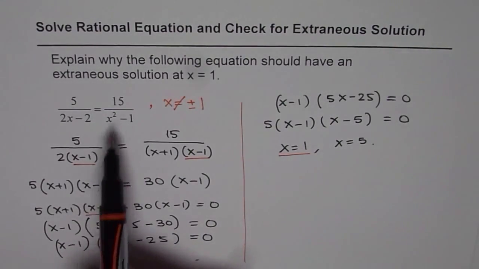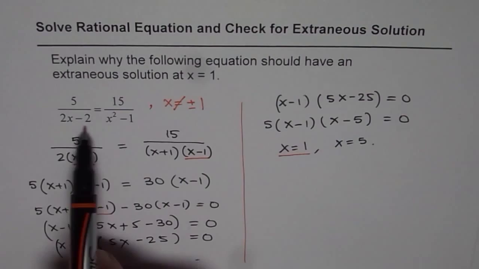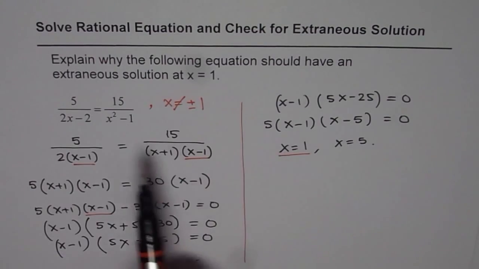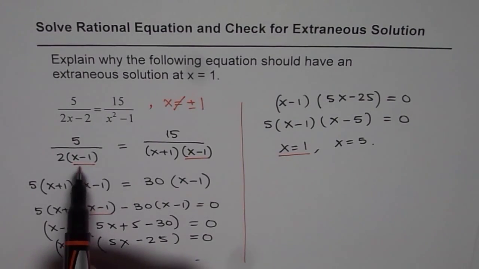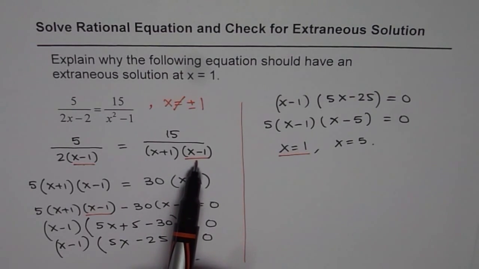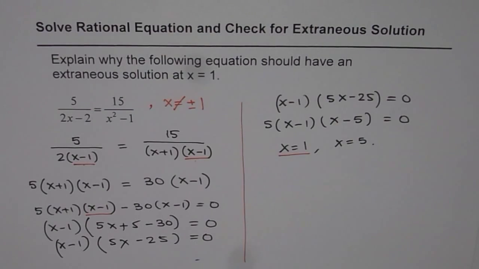As you can see here, if we do have a common factor in the denominators, that will always result in an extraneous solution, as we had in this case. x minus 1 was the common factor in both denominators, and therefore we got this extraneous solution. I hope that makes things slightly simpler for you to understand. Thank you.